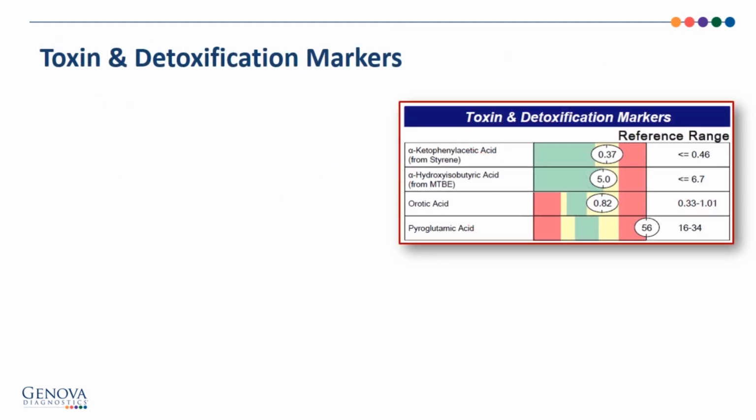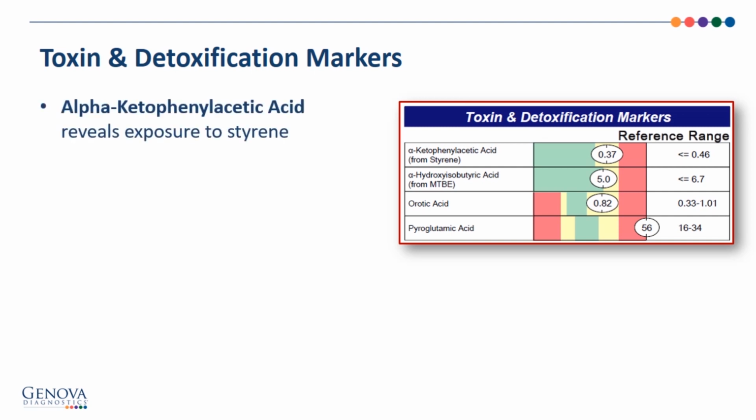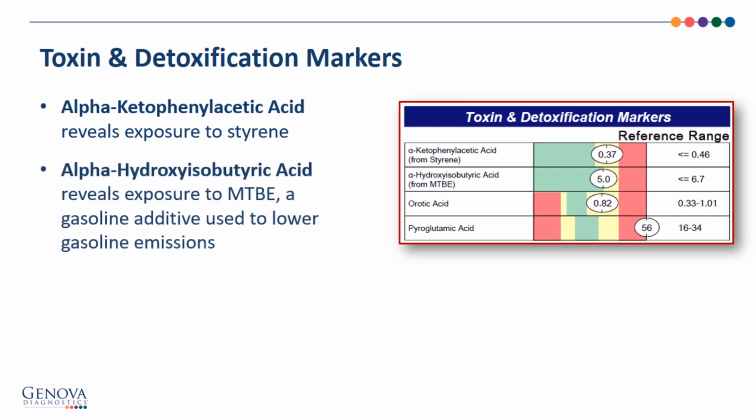Our section on toxin and detoxification markers includes alpha-ketophenylacetic acid, which reveals an exposure to styrene, styrofoam, plastics, exhaust fumes. Alpha-hydroxyisobutyric acid reveals exposure to MTBE, which is a gasoline additive that was used to lower gasoline emissions in the 1990s through the early 2000s.